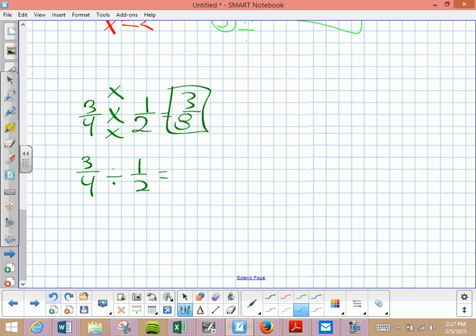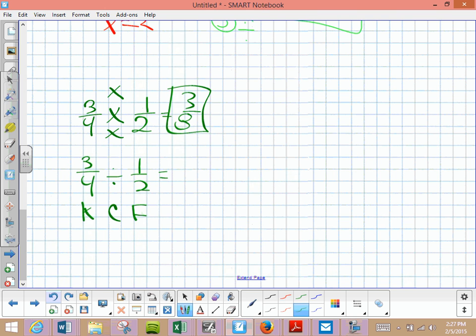How would you do that? I'm dividing, I'm not multiplying. Nope. You can't divide across. That's not how it works.